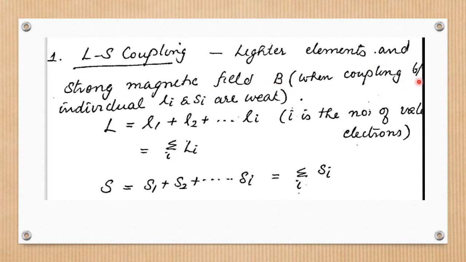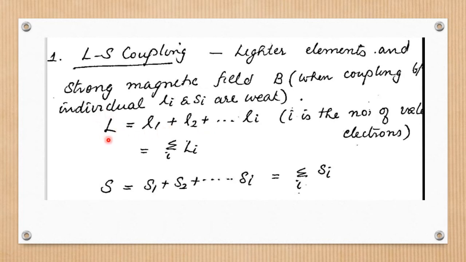This occurs in lighter elements, when a strong magnetic field B is applied, and the coupling between individual Li and Si is weak. So in such a case, the individual L and S will not combine with each other. The L of each electron, L1, L2, etc., up to Li, combine to form the total orbital angular momentum L, where i is the number of valence electrons. We only include the valence electron quantum numbers.